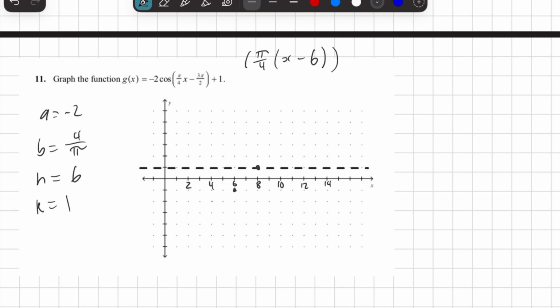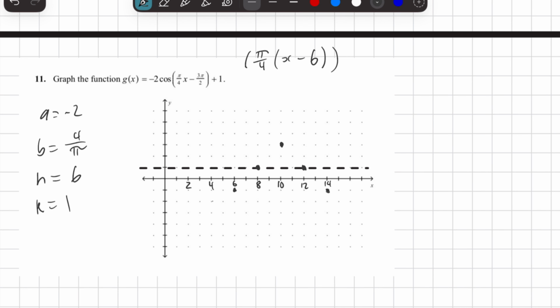Go up 1 and over 6. So that's going to be here. And then when it's at 270, it's usually at 0, but we have to go up 1 and over 6. So that's going to be here. And then when it's at 360, it's usually at 1, but we have to times it by -2, so we're going to get -2, and then go up 1 over 6. So that's going to be here.